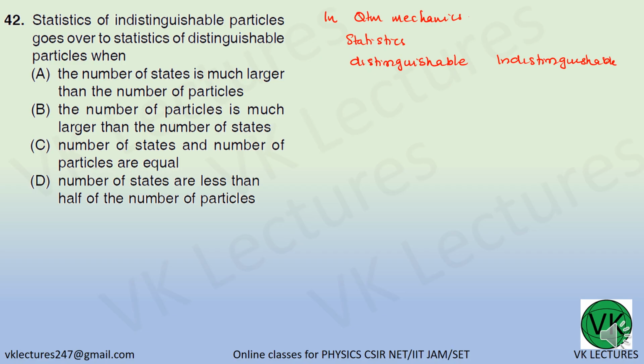Distinguishable particles are governed by Maxwell-Boltzmann. Indistinguishable ones follow Fermi-Dirac, that is fermions, and Bose-Einstein for bosons.